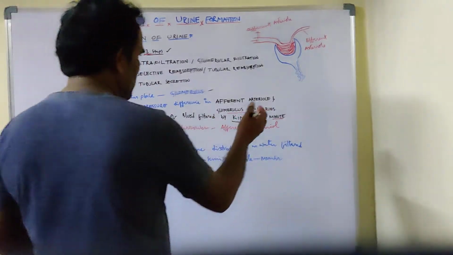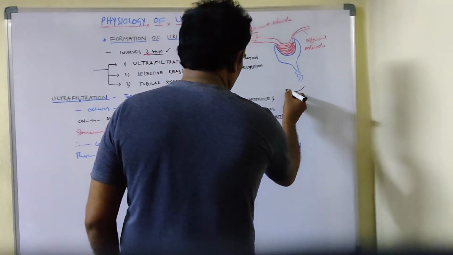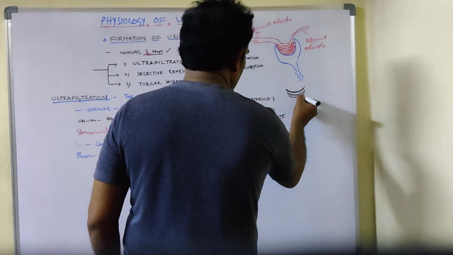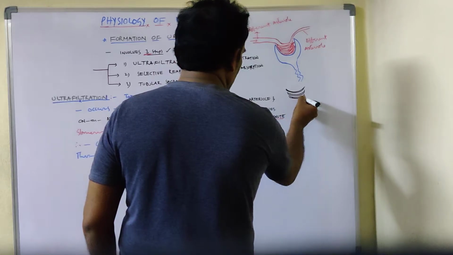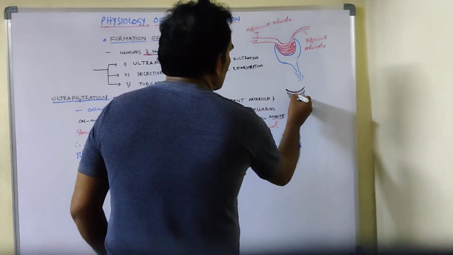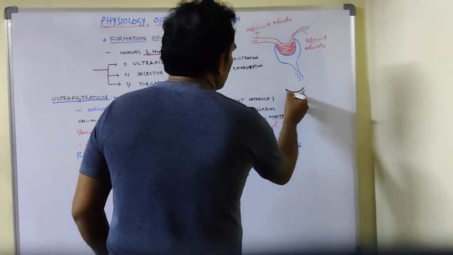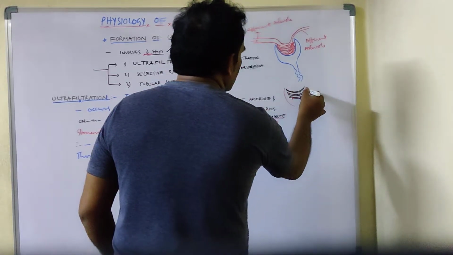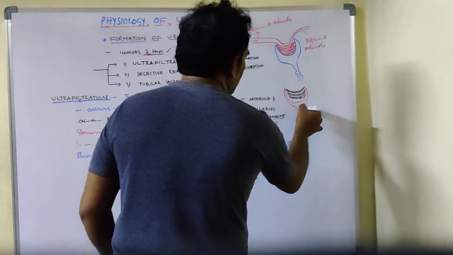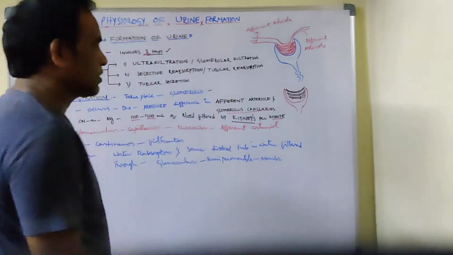That means what is there here? These are the glomerulus capillaries. In them, minute pores are present. Through these minute pores, due to the pressure difference, the blood gets filtered and enters into the lumen of the Bowman capsule.